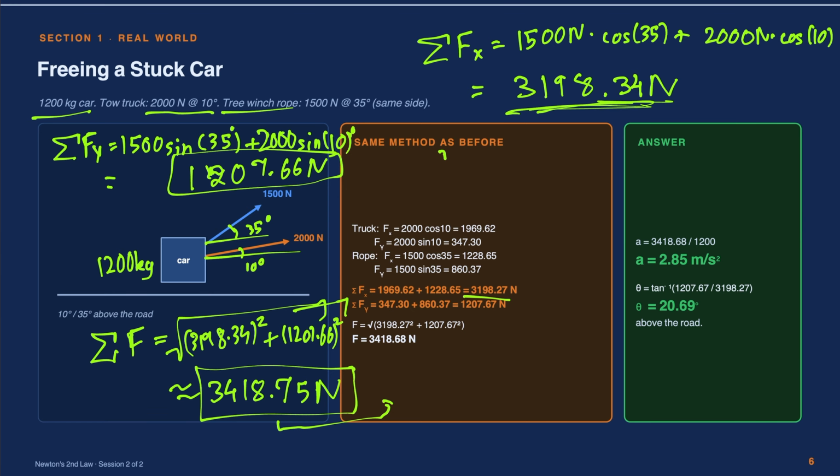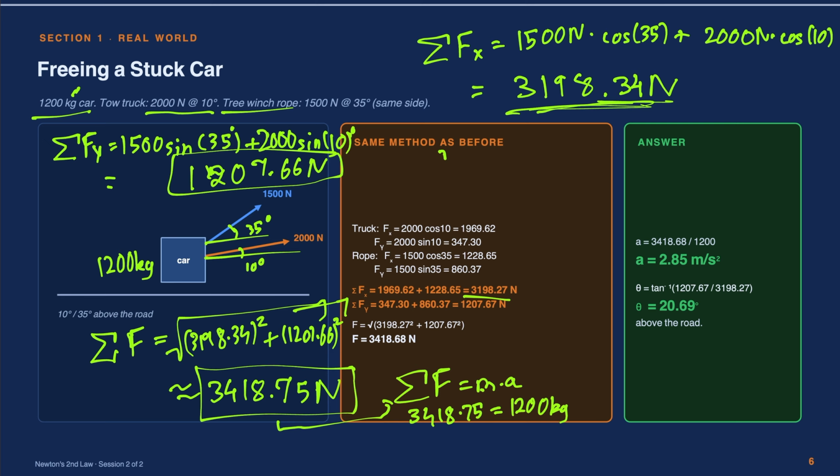And then net force is equal to m times a. So 3418.75 is equal to, we know the mass is 1200 kgs. And always remember, right, this has to be in kgs. If I gave you something in grams here, you can make a very easy mistake, because newtons are in kg meter per second squared. You can't have a gram meter per second squared in newtons.